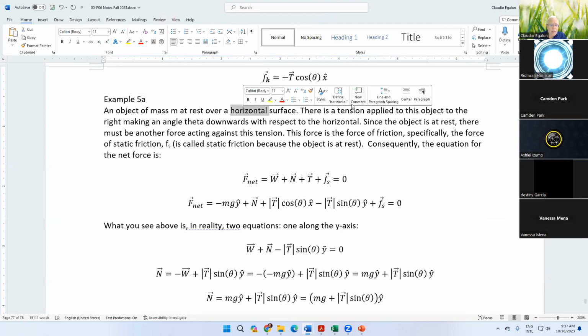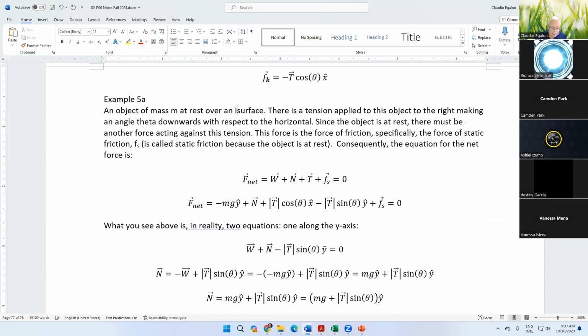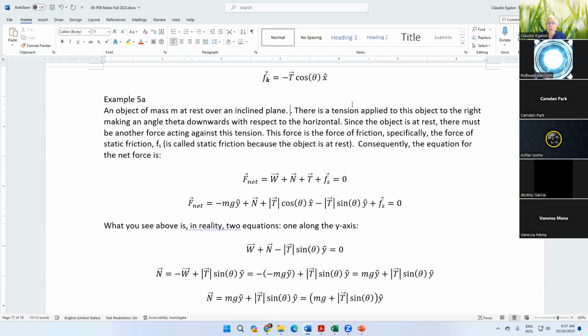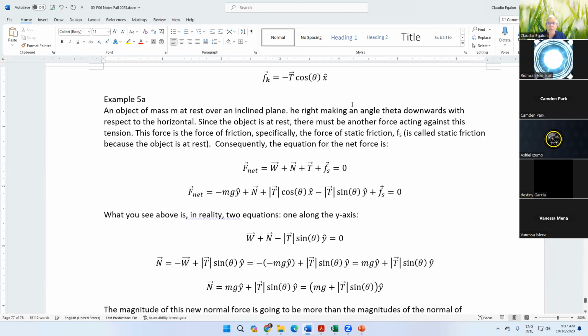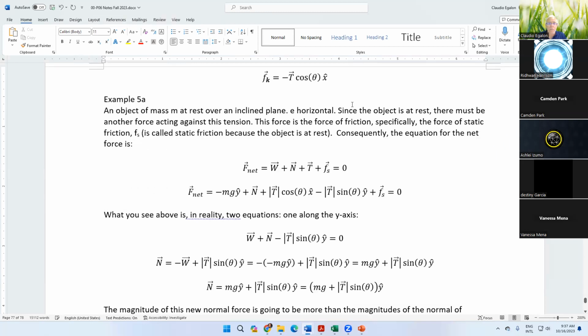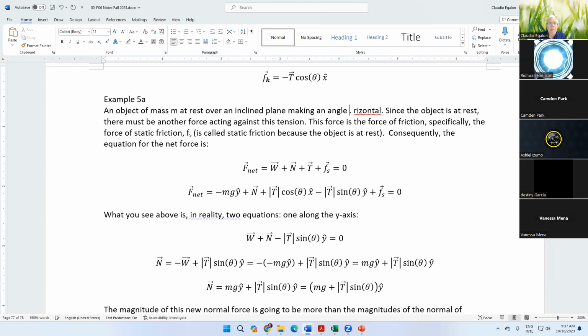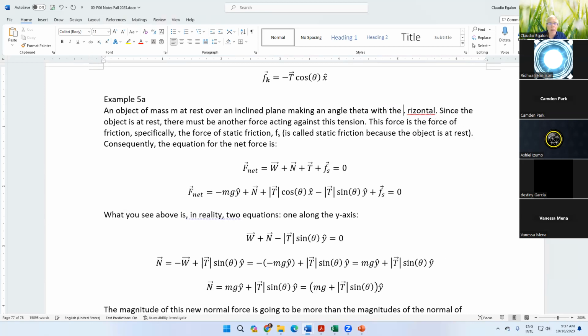Not over an inclined plane. Or an inclined plane making an angle theta with the horizontal.